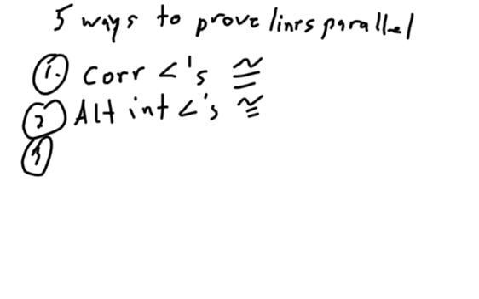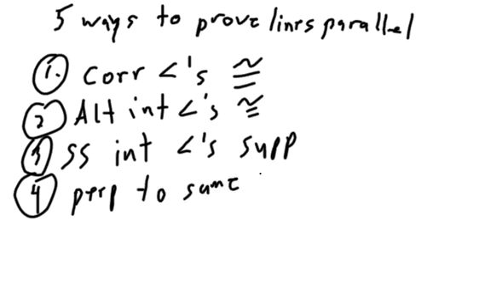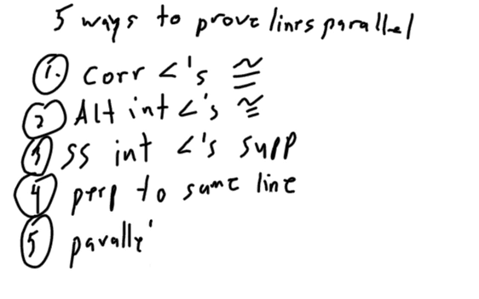Third way, show the same side interior angles are supplementary. Fourth way, they could be perpendicular to the same line. And the last way, they could both be parallel to the same line. And this is probably the most important thing you could have in your notes.